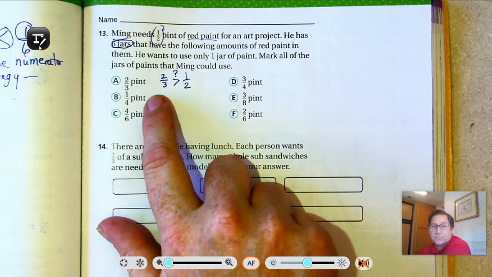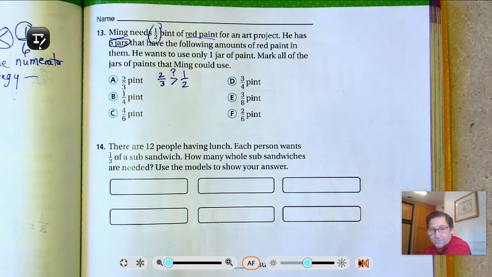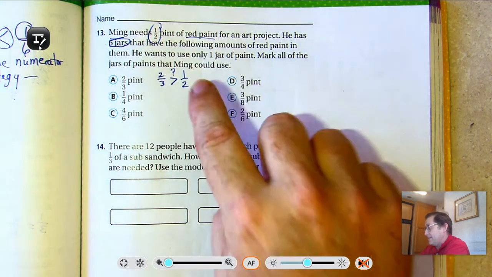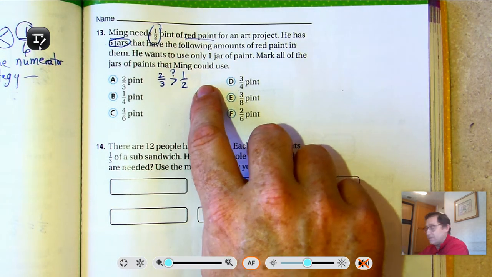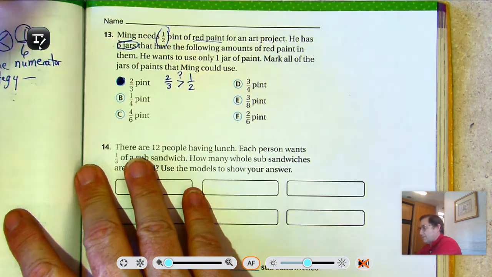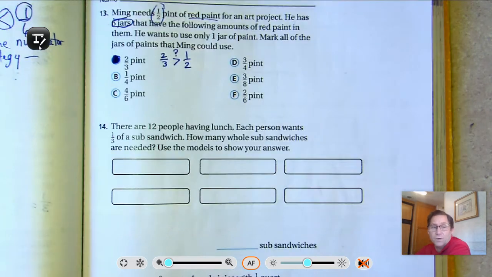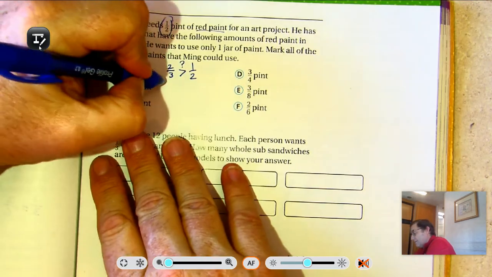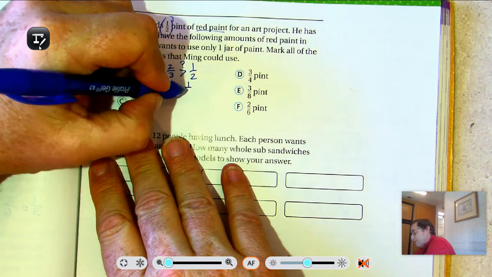So this 2/3 is closer to being a full jar than it is to being halfway filled. So the 2/3 pint would work. You would only have to use 1 there. 1/4 pint: is 1/4 greater than 1/2?